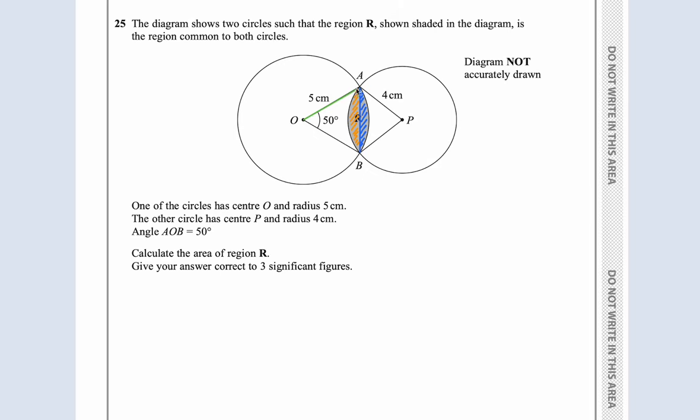If I get the area of this sector, the full thing here, and I subtract this triangle there, I'll get the blue segment. So the area of a segment is sector minus triangle.